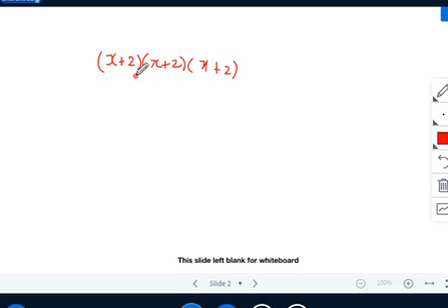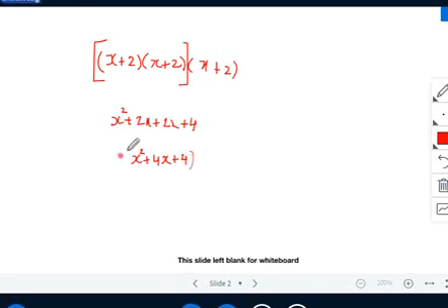So when there are three different brackets, first you have to solve two brackets. Simplify this. So it's x squared plus 2x plus 2x plus 4. Or you can say it's x squared plus 4x plus 4. So this is how you simplify these two.